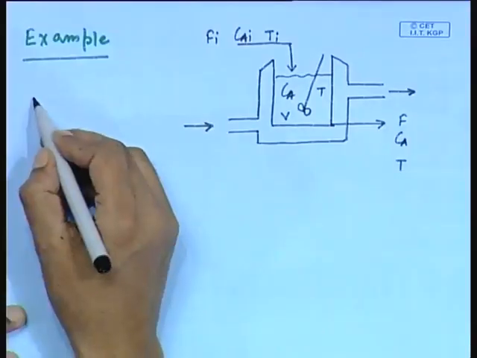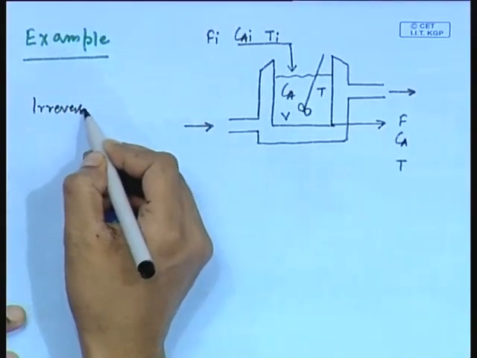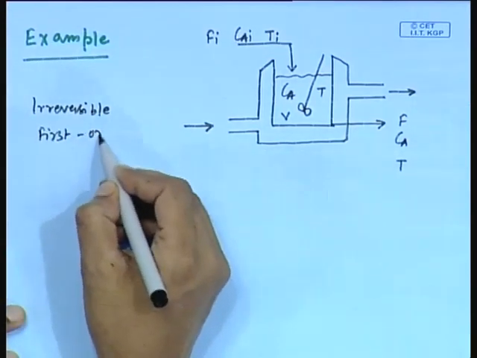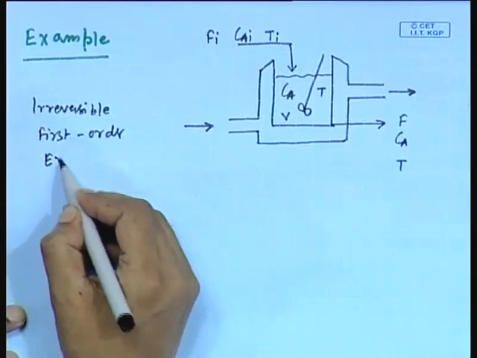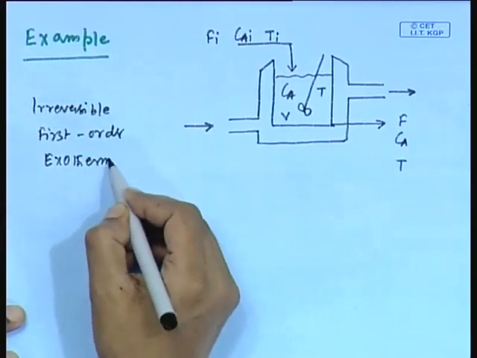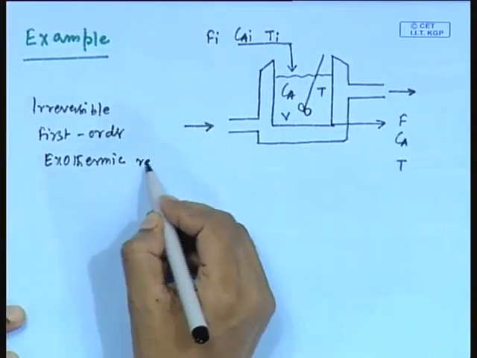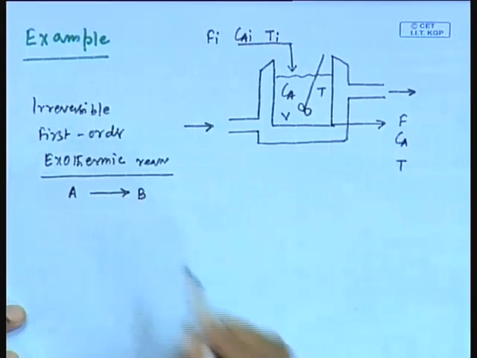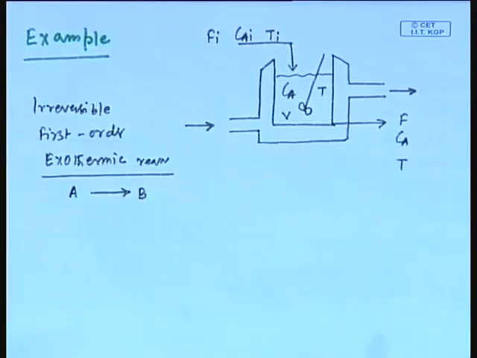Previously, we have considered one irreversible first order exothermic reaction, that is represented by this. A is the reactant and B is the desired product. Fine.